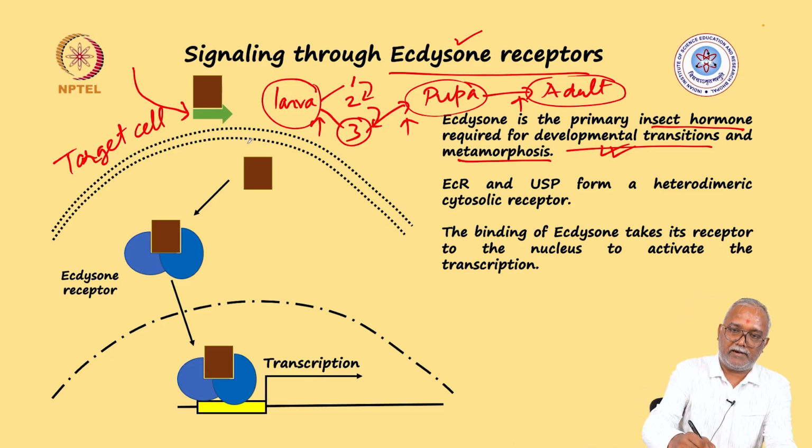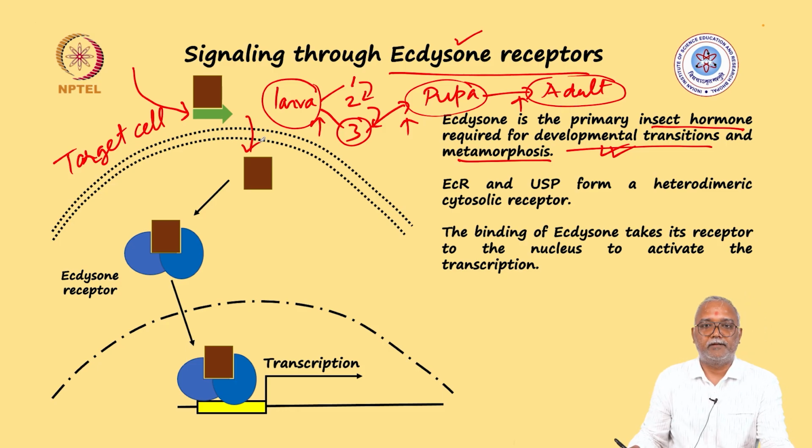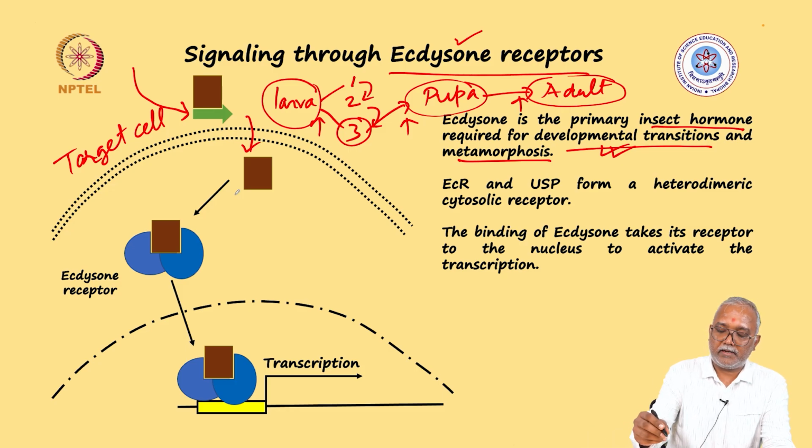Now here, when they are delivered in the vicinity of the cell, they enter inside the cell cytosol. And since these are steroid type of hormone, they freely move inside. In the particular case of the ecdysone receptor, the receptors are present in the cytosol.